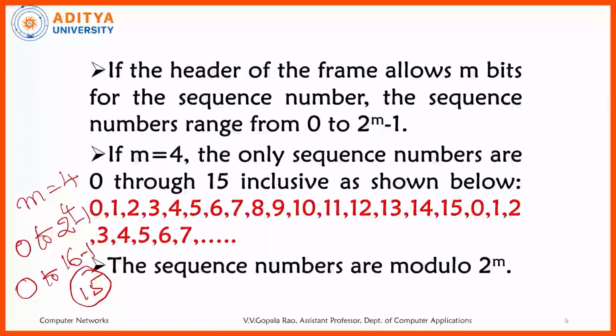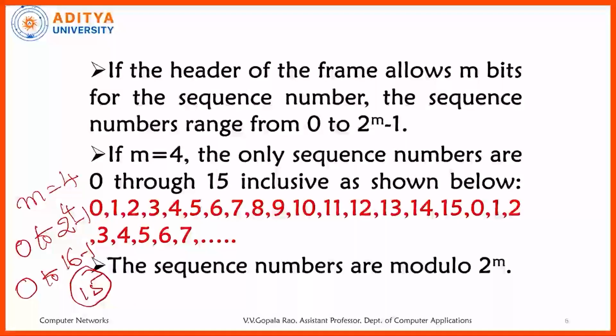That is the reason why the number of bits m plays a vital role with respect to the header of the frame. Every frame will be headed by some number, which is the actual frame number, also called the sequence number of the frame.